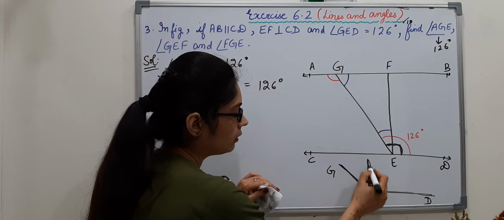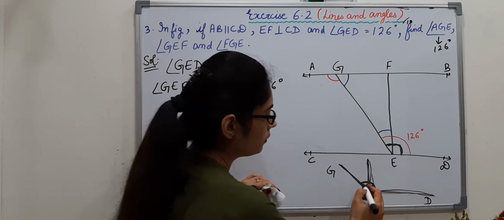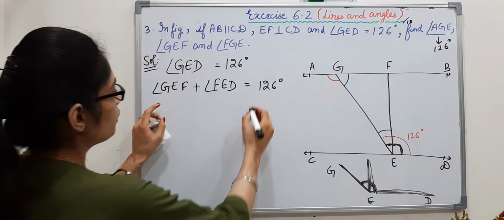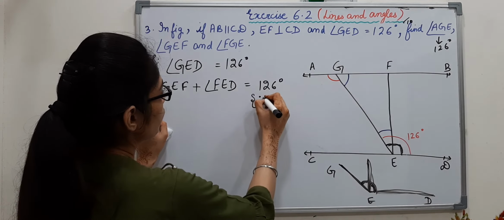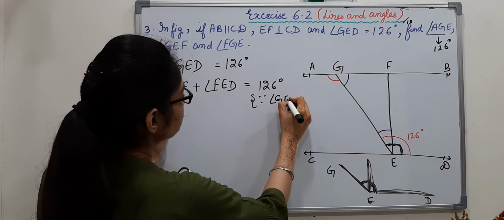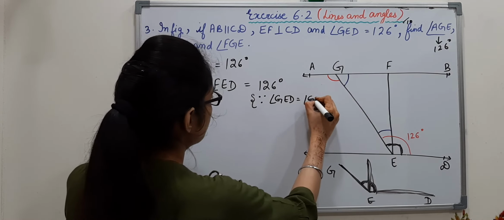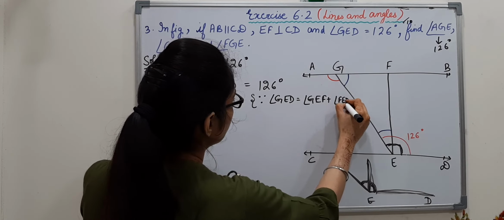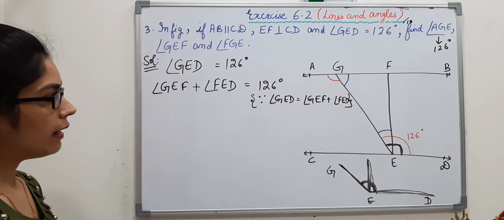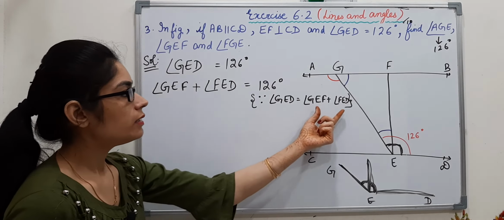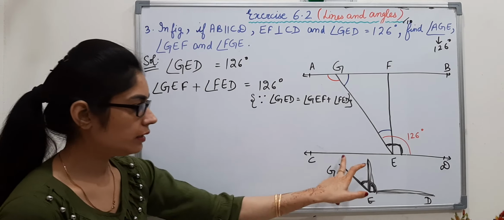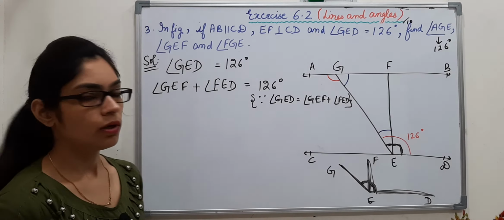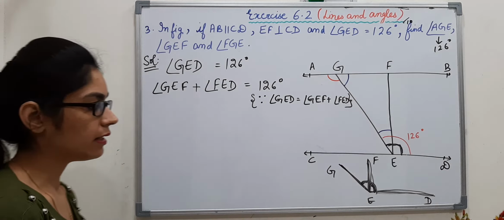So here we can mention the reason also, because angle GED is equal to angle GEF plus angle FED. I have already shown how GED is equal to the sum of these two angles. We are just adding these two angles. This thing we have already used in the previous exercise also.